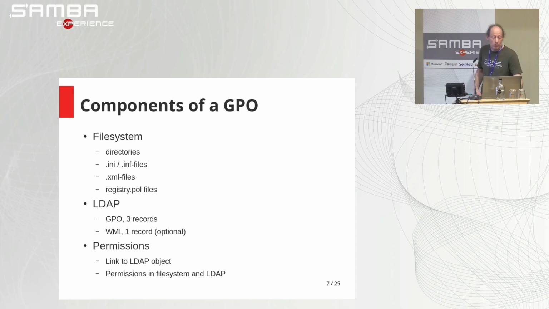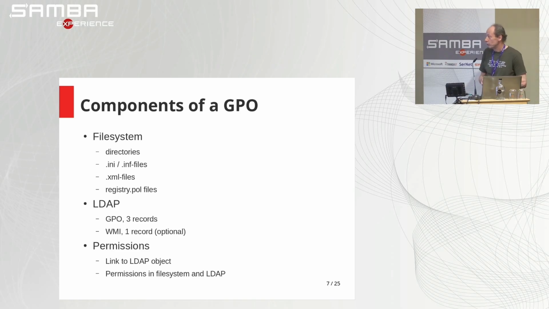So what kind of components do we have? We have the file system that lives on sysvol. It contains directories. It contains ini or INF files, which is basically kind of the same thing, different extension. It contains XML files. It contains registry pol files.